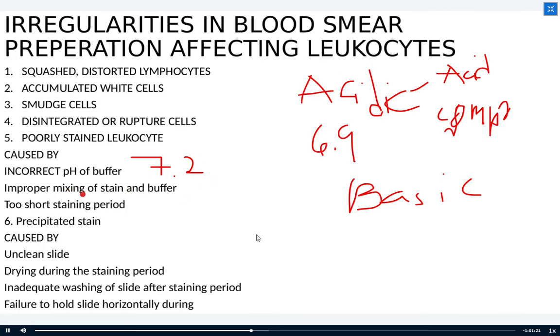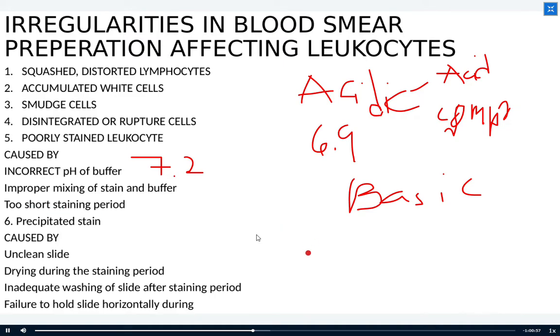Then there could also be improper mixing of stain and your buffer. That's why it's important to always rinse with water. There could be a possibility that your buffer got mixed with eosin, and that eosin mixed with the buffer could affect the other cells. And then too short a staining period.